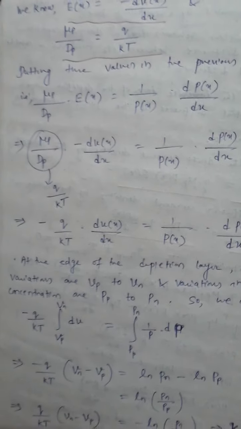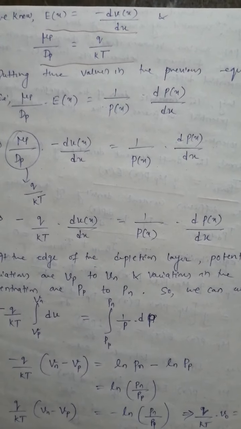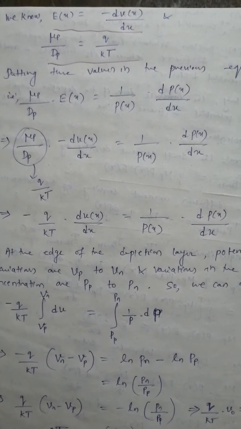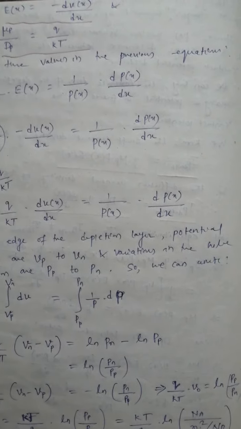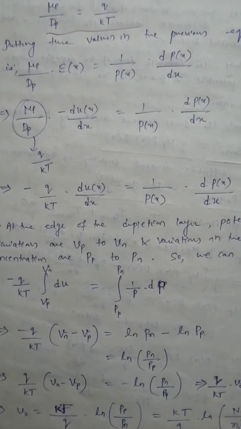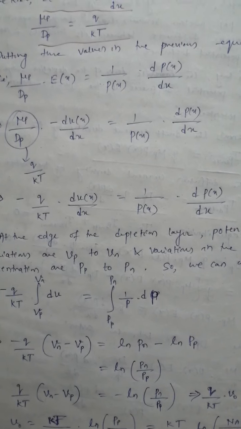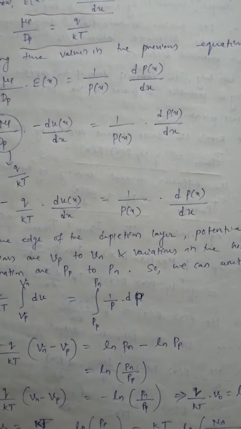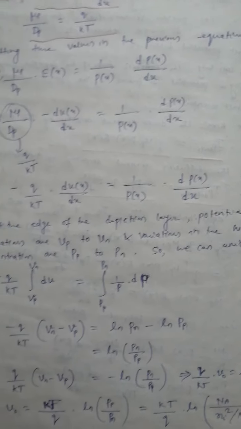Now we know that E(x) equal to minus dV(x) divided by dx and mu_p divided by D_p equal to q by kT. Putting these values in the previous equations, we will get mu_p divided by D_p into E(x) equal to 1 by p(x) into dp(x) divided by dx.